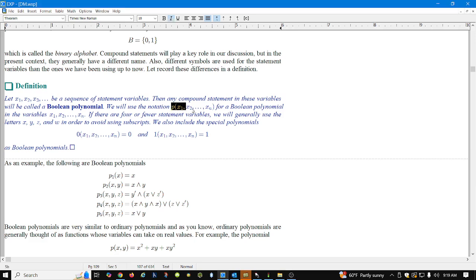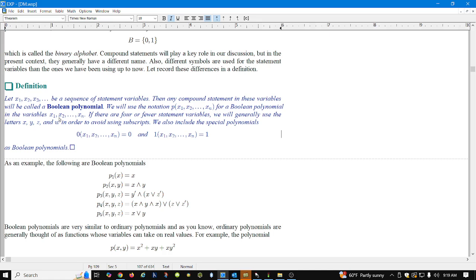And so this notation will represent a Boolean polynomial in the variables x1 through xn. When there are 4 or fewer statement variables, I'm probably going to switch to x, y, z, and w. That way I can avoid subscripts. It'll make the polynomials a little bit more readable, I think.